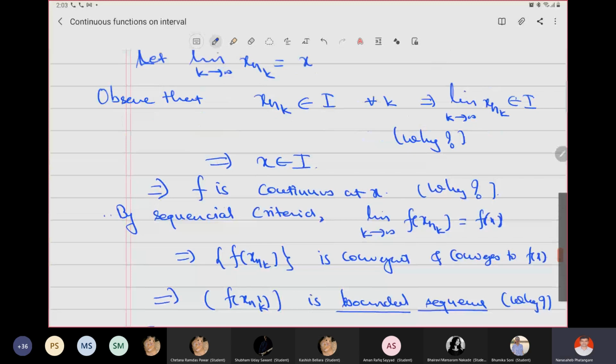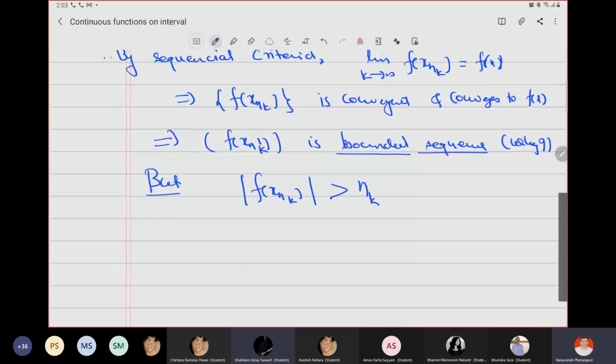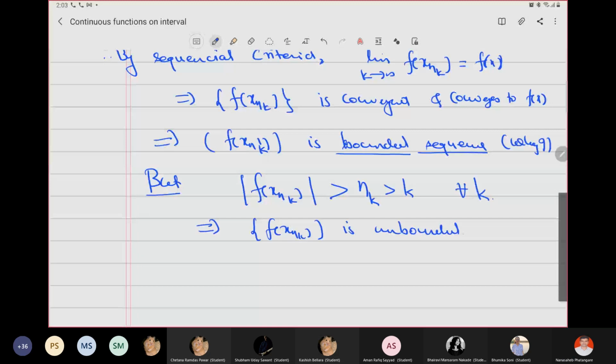It must be unbounded. nk is greater than k for all k. And if it is true for all k, as k tends to infinity, how will it remain bounded? Then f of xn k is unbounded. Contradiction.